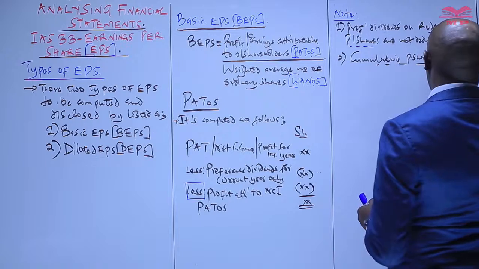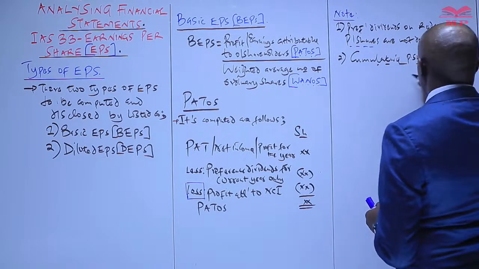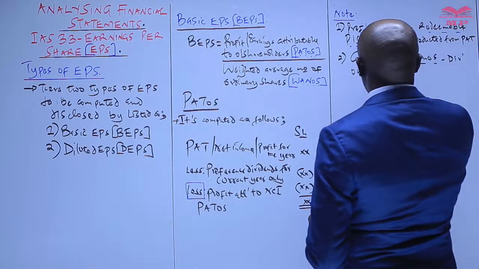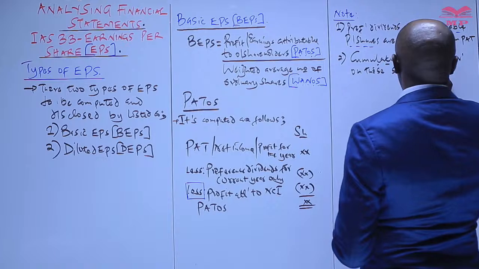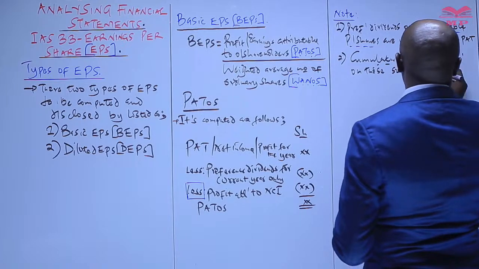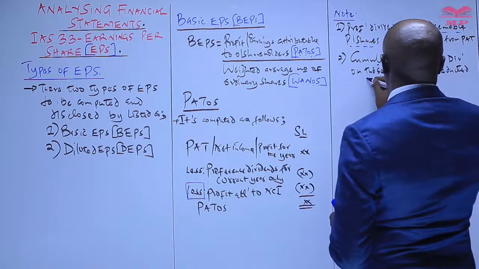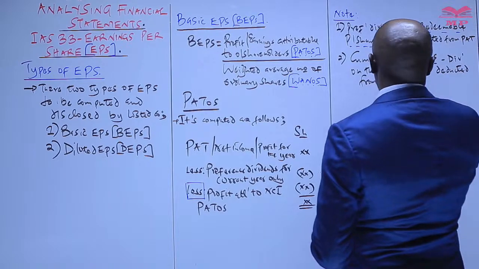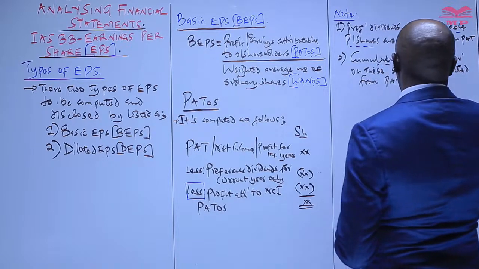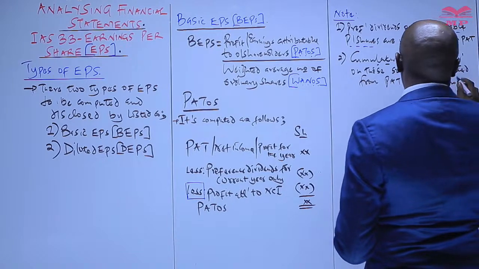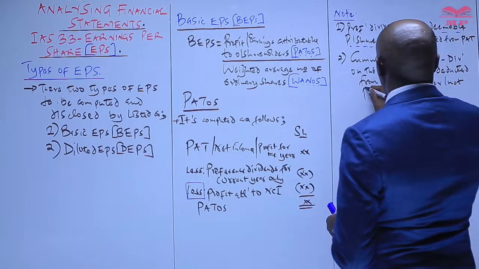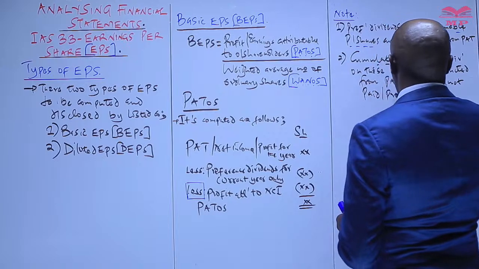So for cumulative preference shares, dividends on these shares are deducted from profit after tax, whether or not paid or proposed.